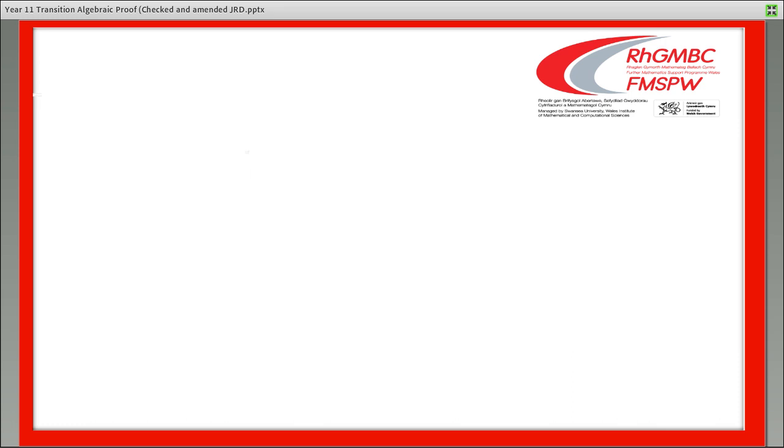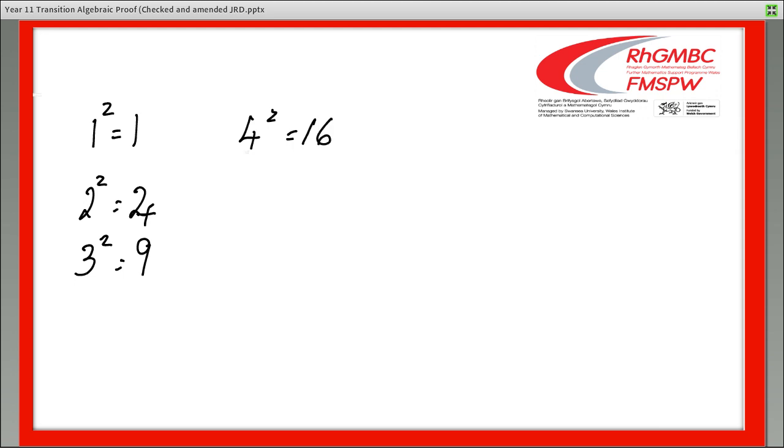So as far as this one is concerned, we would literally do 1 squared equals 1, 2 squared equals 2 lots of 2, which is 4, 3 squared is 9, 4 squared is 16, 5 squared is 25, 6 squared is 36.